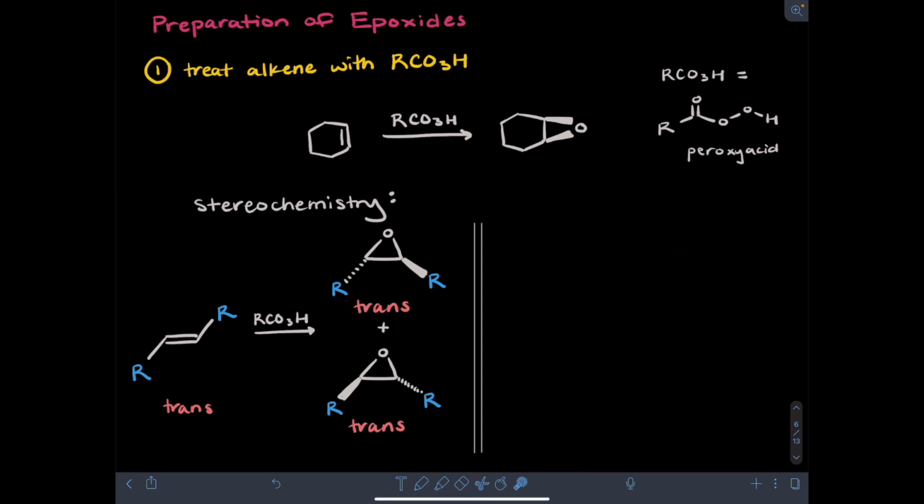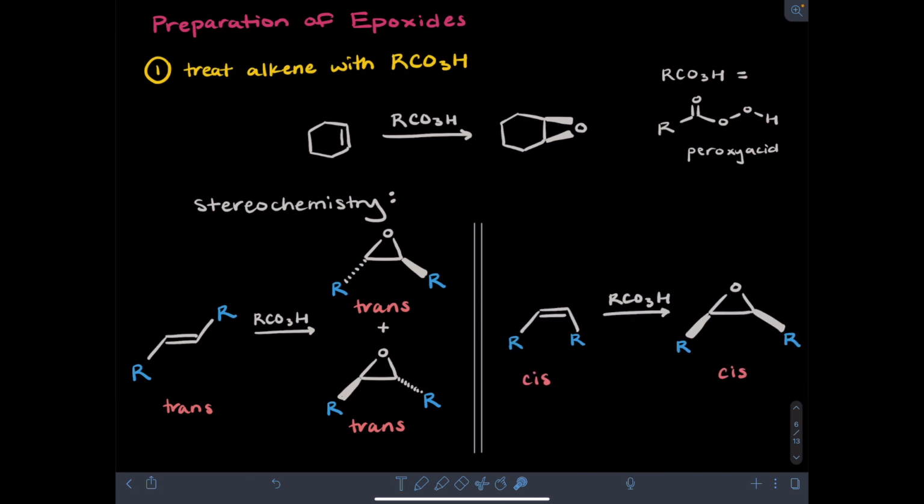So the way I've drawn these epoxides, the three-membered ring is in the plane of the page, and to show trans stereochemistry, I draw the R groups as either a dash or a wedge. I have another enantiomer of product where I have the wedge on the left and the dash on the right instead, but notice both of these products have that trans geometry.